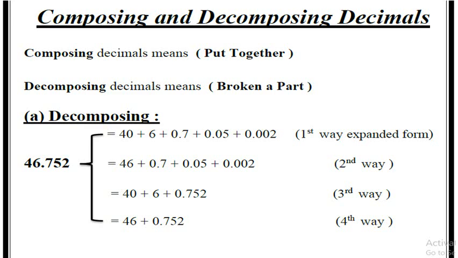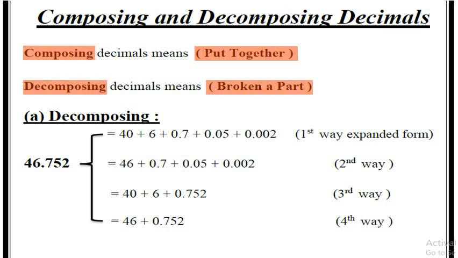Now let's talk about composing and decomposing decimals. Composing decimals means putting the numbers together, and decomposing decimals means breaking them apart. I will take each part alone. Here in letter A we have decomposing. I have the number 46.752. I want to decompose the number. We have 4 ways for decomposing.